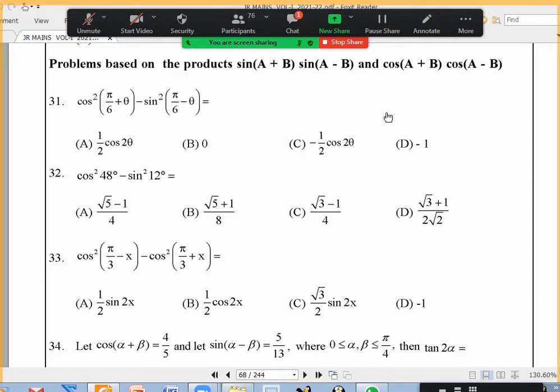Anybody needs more time? No, sir. Cos square pi by 6 plus theta minus sin square pi by 6 minus theta.